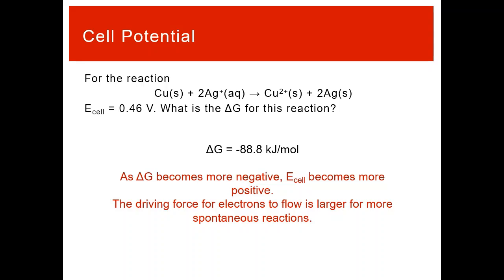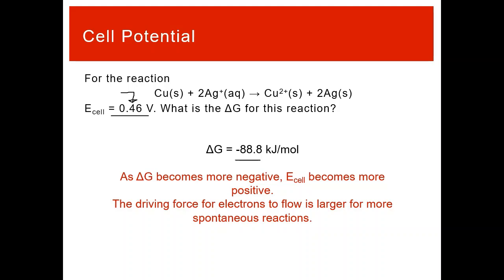That is consistent with getting an E cell that is positive. There is an energy gain per electron. This is the amount of driving force for the electrons. And as the delta G would become more negative, we would think the reaction is becoming more and more spontaneous. The reaction tends to happen more and more, and we would expect to get a bigger drive for electrons to flow.